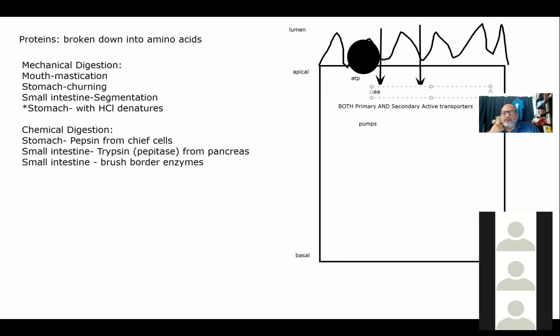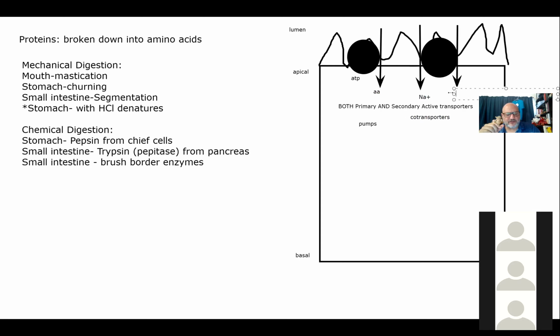We are also going to use our secondary active transporters, which of course are our co-transporters. And those co-transporters, as we know, are going to let something like sodium into the cell, something that really, really wants to come into the cell. We'll say, okay, sodium, you can come in, but when you come in, you got to bring that amino acid in with you.